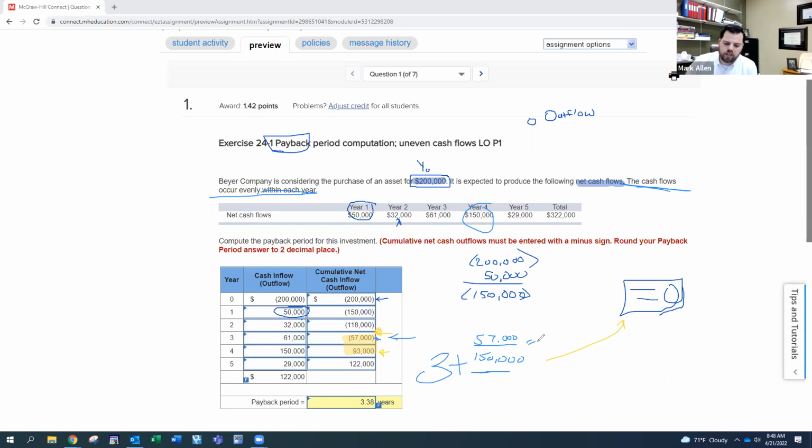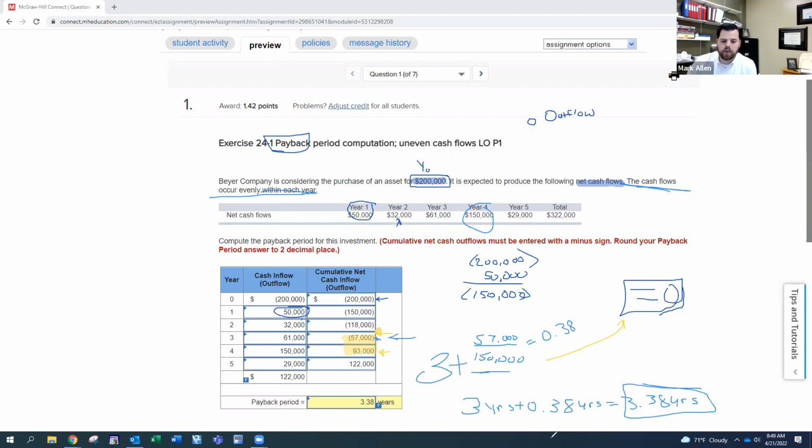When you do that, this comes out to 0.38. So your total payback period then is 3 years plus 0.38 years, giving you a total here of 3.38 years.